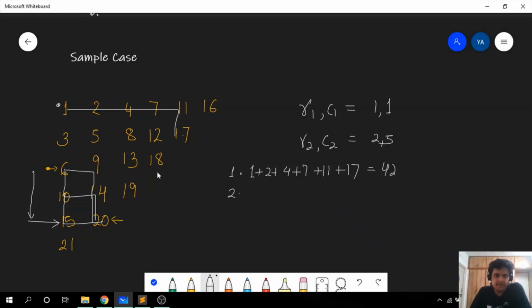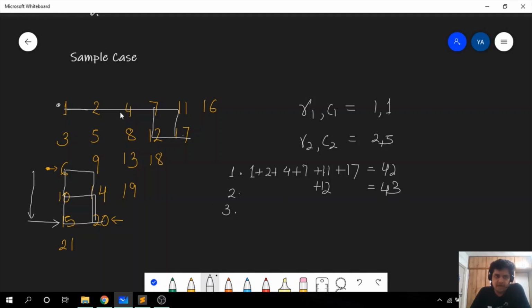The next path will be 1, 2, 4, 7, 12, 17. Basically instead of 11 we have 12 over here. If you see, when we convert one right to a down, there is an addition of plus 1. So the value will be 43 over here.